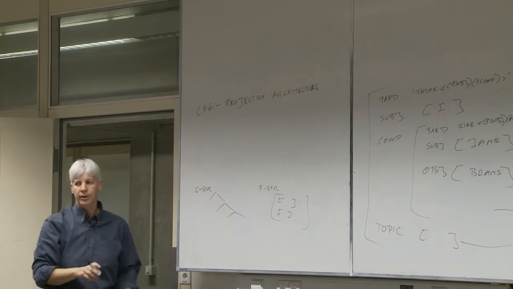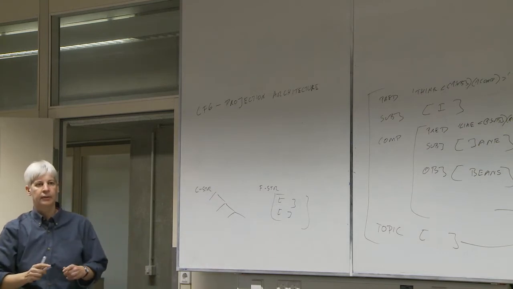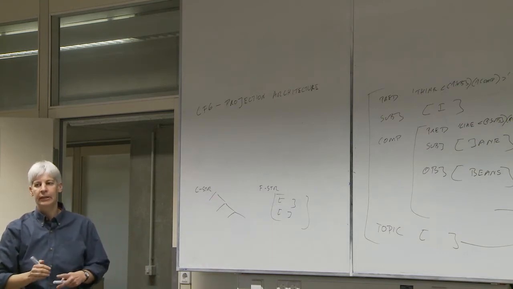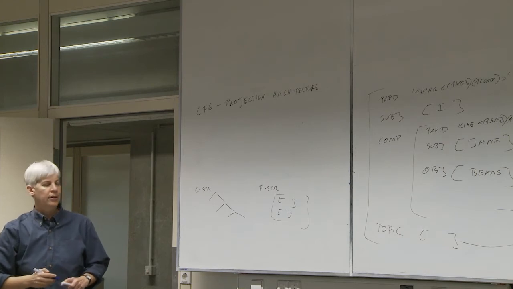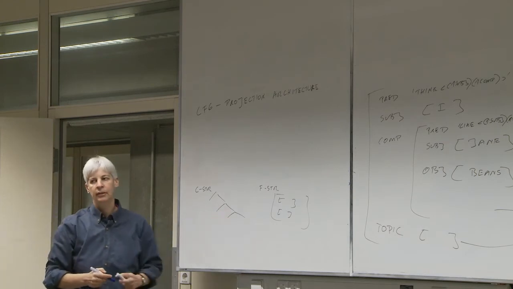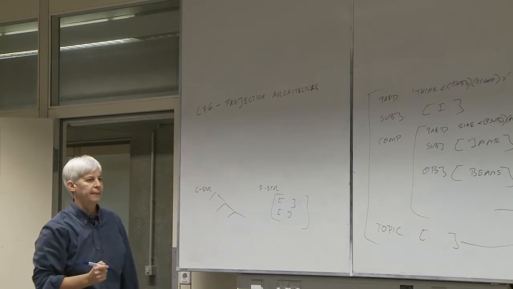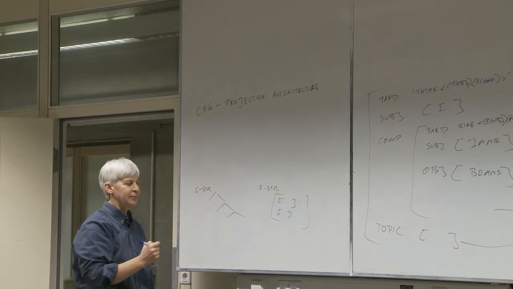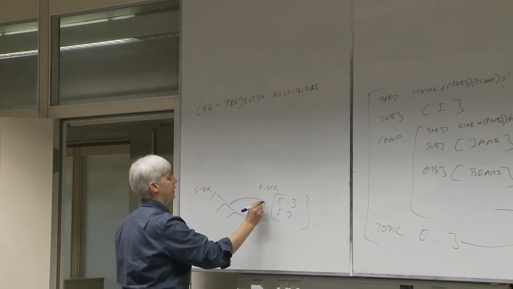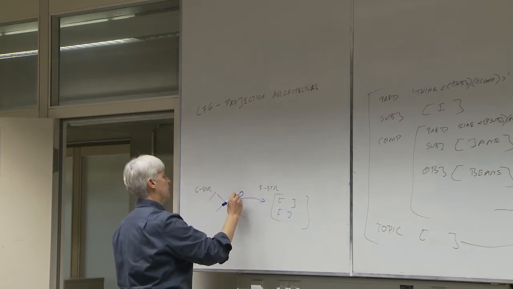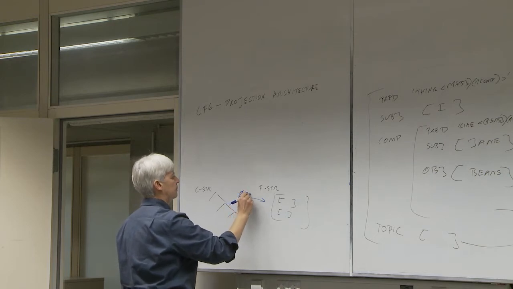How do we get from one to the other? We did that part. So how are these two related? With the phi projection, right? There's a phi projection that goes, how do you do phi? Like this, right?